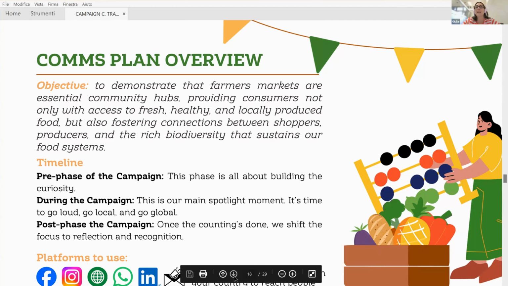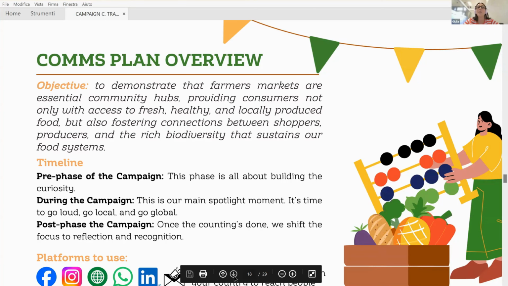Also, providing customers not only fresh, healthy, sustainable and good food, but also creating connection between the shoppers and the producers, because it's really typical in farmers markets to create some bond while shopping, because you want to ask the farmer or the producer how that product is made, or ask for some suggestion on a product that they recommend instead of maybe choosing another kind of product.